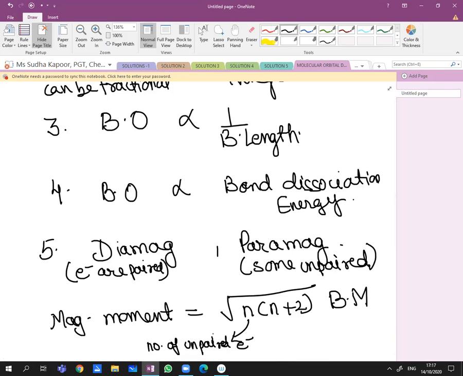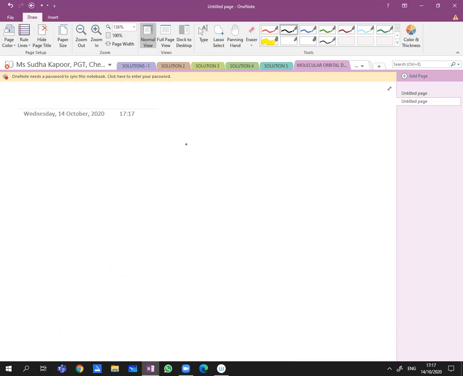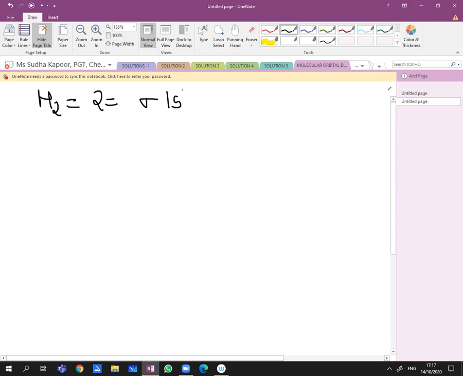So now let us start with the first molecule we are talking about, the hydrogen, the simplest one. We will write the number of electrons present and the type of configuration, sigma 1s. The rules followed are the same: Aufbau, Pauli's, Hund's, all the rules we used in the filling of atomic orbitals.